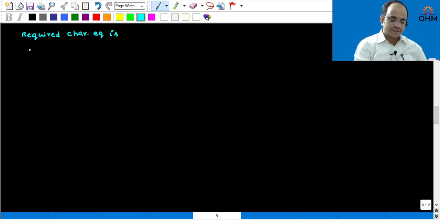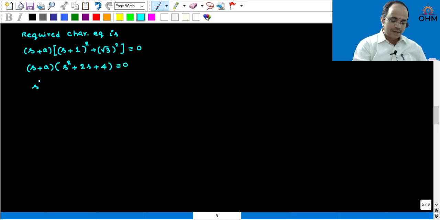The required characteristic equation is S plus A multiplied with, for the given complex pole location, I can write it as S plus 1 whole square plus root 3 whole square is equal to 0. Then it will give you S plus A multiplied with S square plus 2S plus 1 plus 3, which gives you 4, is equal to 0.